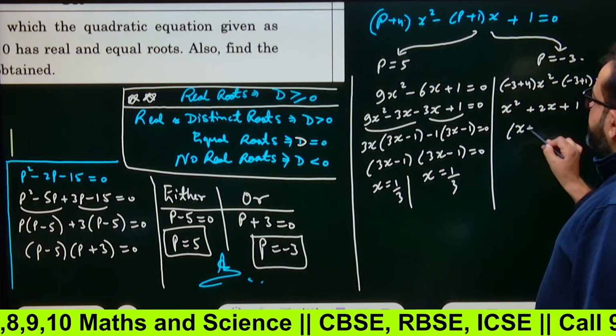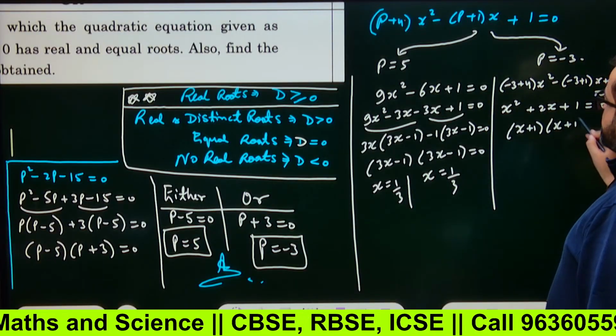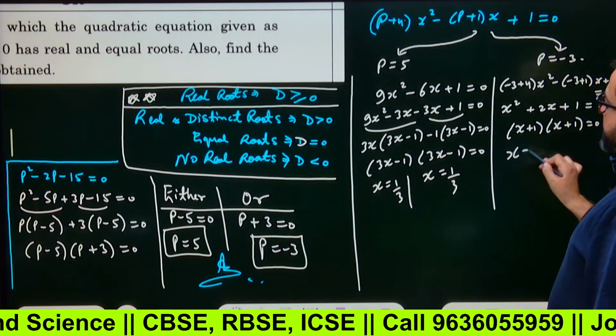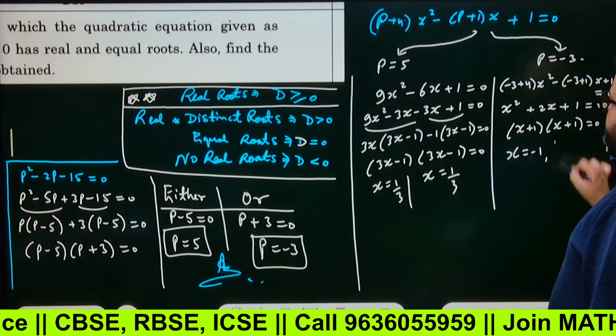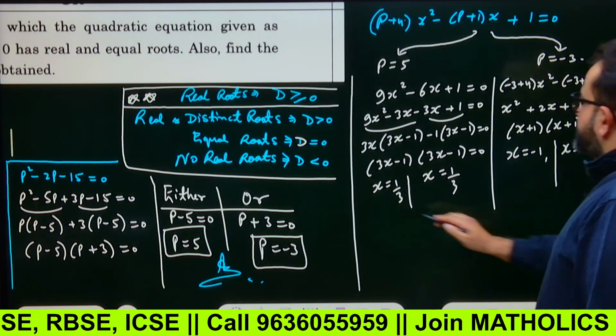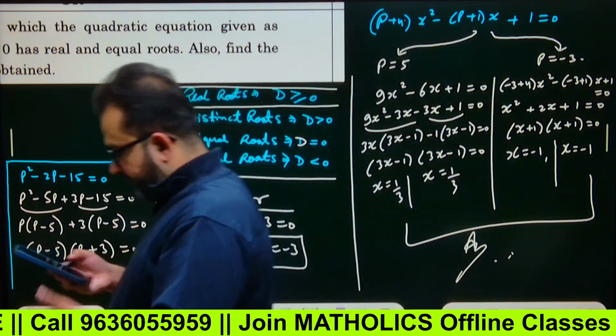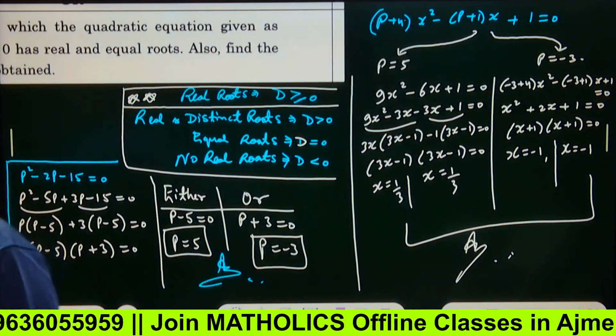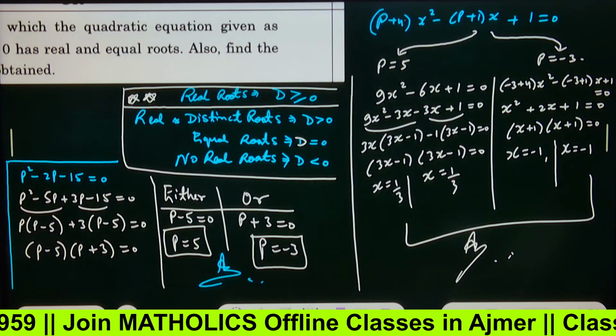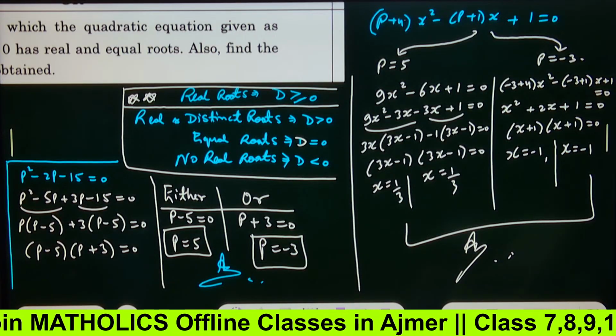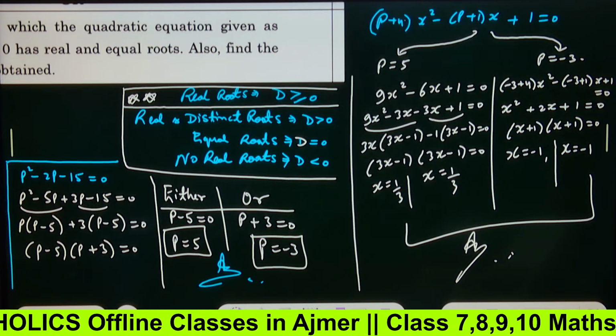Similarly, you'll solve this. It will come out to be x plus 1 into x plus 1 equal to 0. Either this equal to 0, x equal to minus 1, or this equal to 0, x equal to minus 1. So there are a total of 4 answers for the roots of the equations. So this is how we are going to solve question number 32.